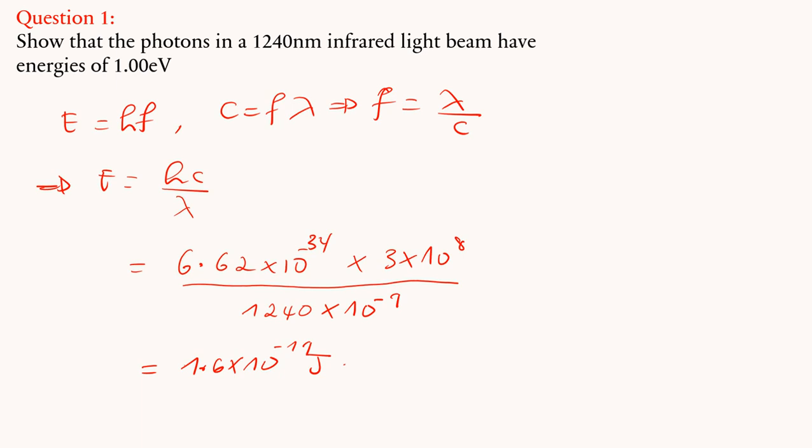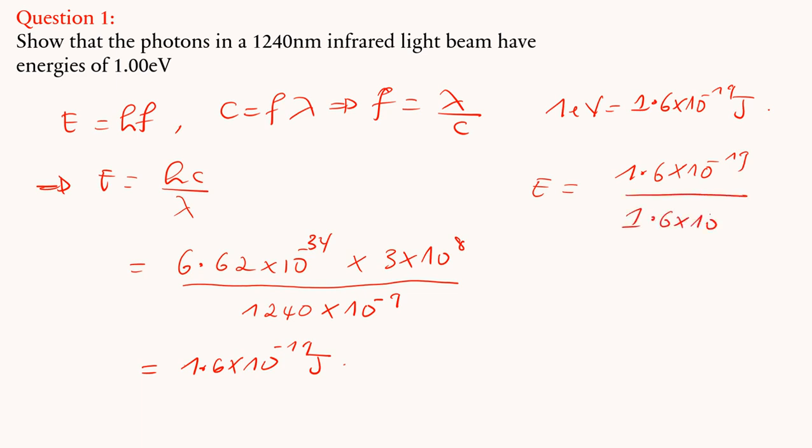But remember, our answer is in electron volts, and the conversion factor is 1 electron volt is equal to 1.6 times 10 to the negative 19 joules. So our energy in electron volts will be 1.6 times 10 to the negative 19 divided by 1.6 times 10 to the negative 19.